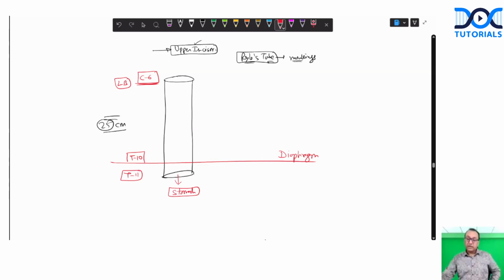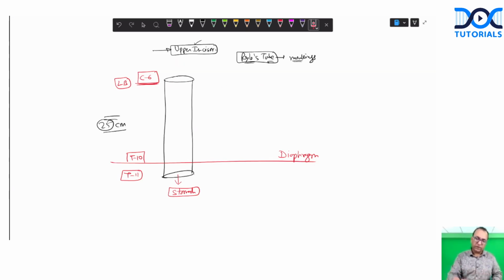Again, I'll tell, this is about the esophagus. And we know that we can put a Ryle's tube, which has some markings, through the esophagus into the stomach. As you are calculating the marking from the upper incisor, there are some centimeters which you have to tell. The esophagus begins at the lower border of C6 vertebra because the pharynx ends and the esophagus begins.